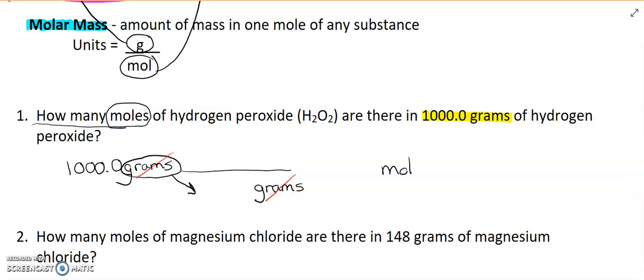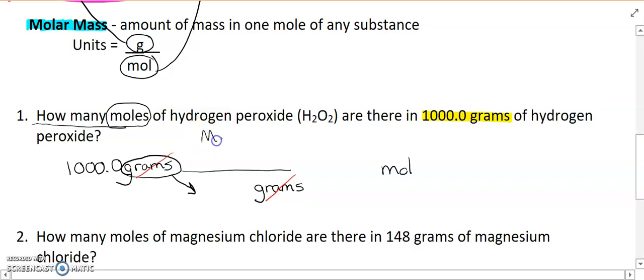Now we are using the molar mass. And the units on molar mass are grams per mole. So what goes on the top would be the other side. This is the per line, and it's grams per mole. And by definition, it is the number of grams in 1 mole of any substance. So I can put a 1 with mole.